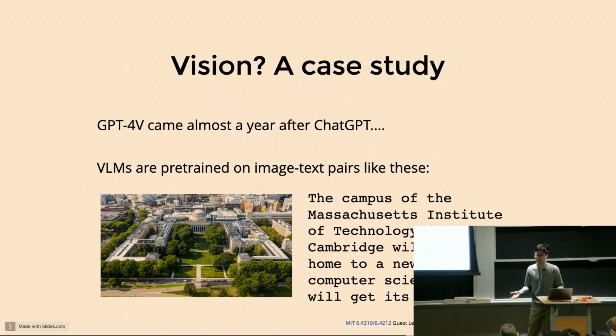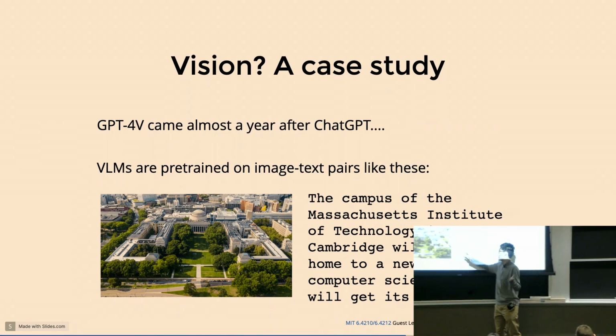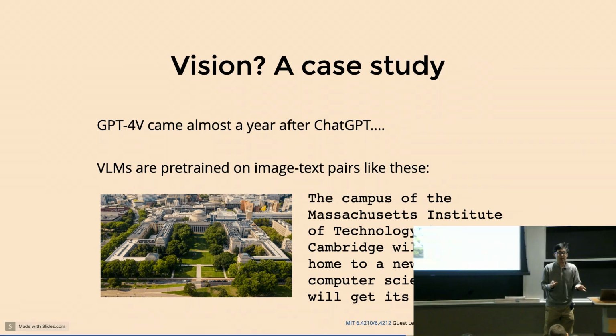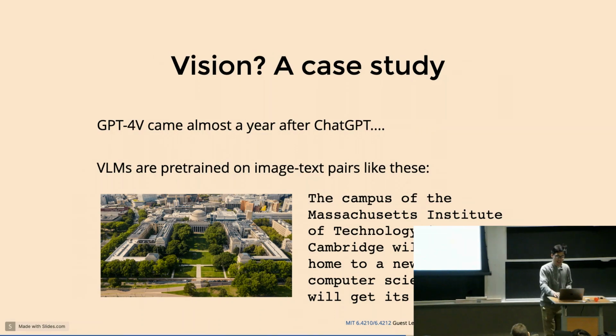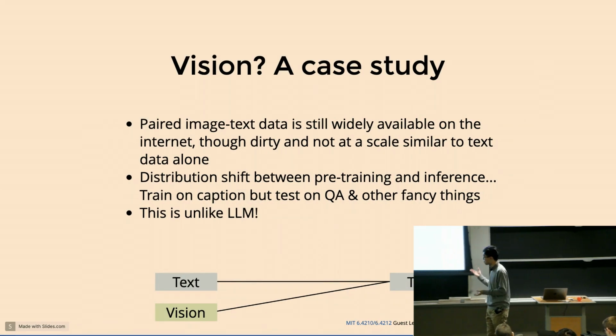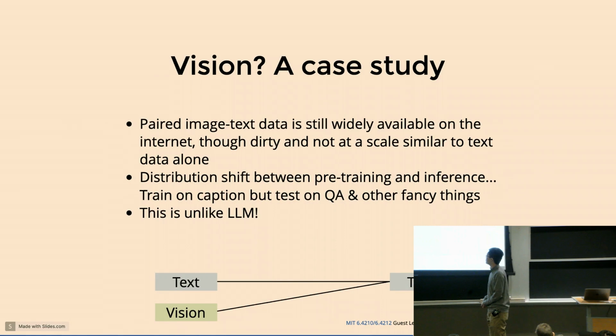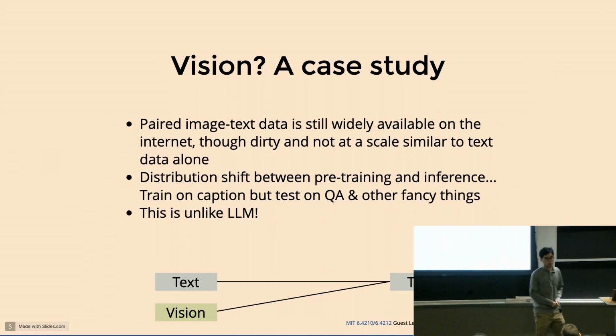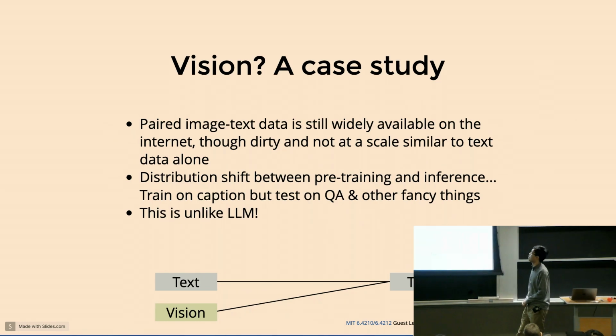It was crawled from the internet, and there was one particular data point where it's an image of a random lake, and the text paired with it is like "report this as harassment, report this as blah blah." It's nothing about a lake. So the quality of the caption can be really bad if you just crawl from the internet. However, you can still get a lot of good data from the internet. So this means that you can learn a reasonable image encoder that learns a good representation that helps with generalization. However, you still face the problem of distribution shift between pre-training and inference.